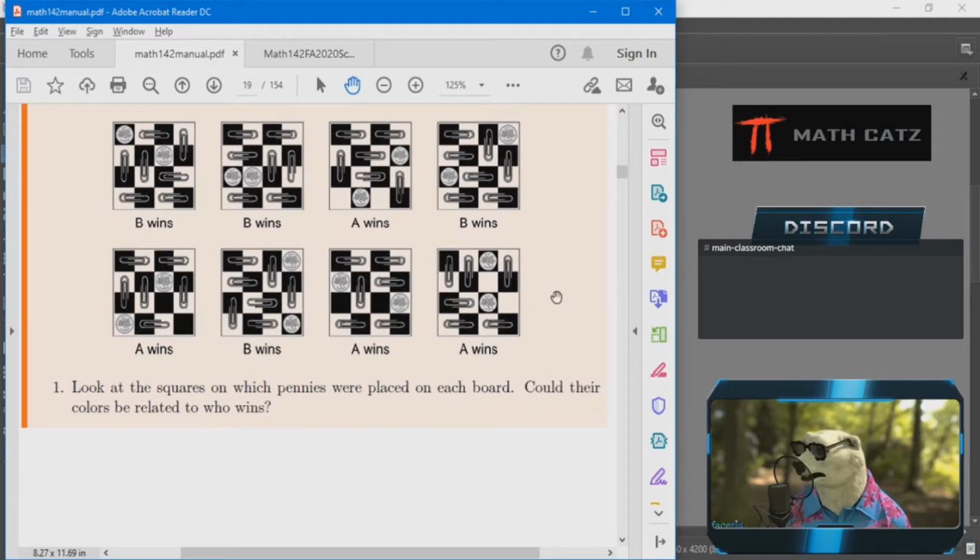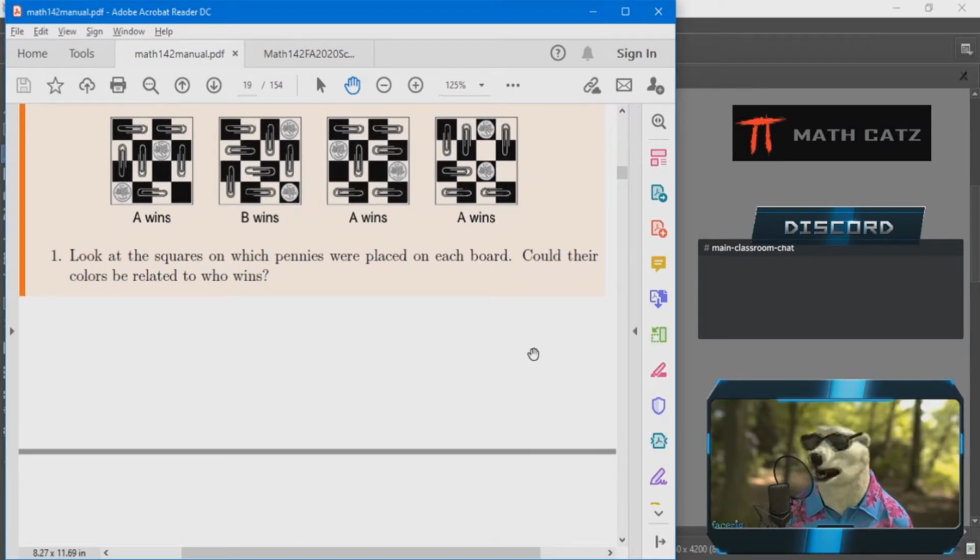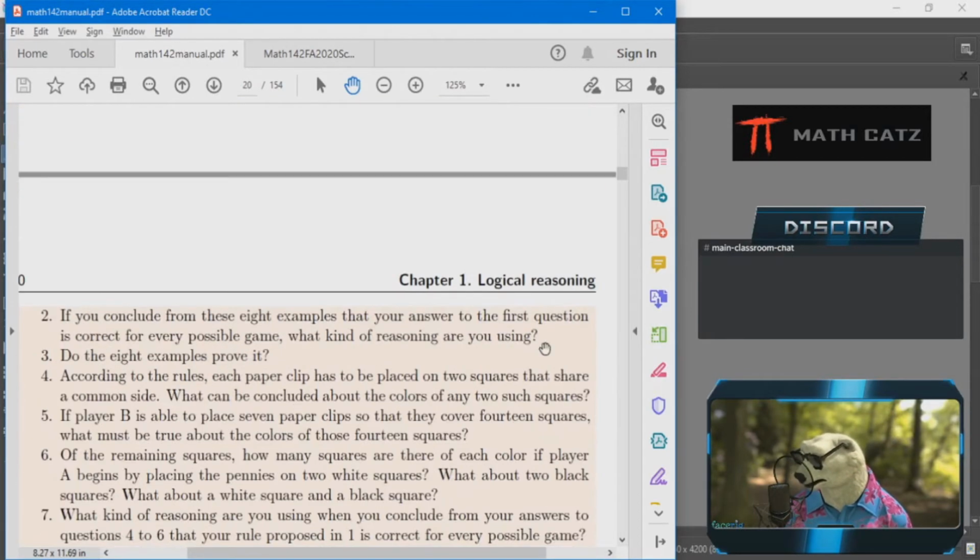You know, the more examples I do, it's not a big board, it's not a complicated game. I can start to think, well, the same thing happens when pennies are placed in a certain way. So let's explore that further, because that now suggests a general conclusion.